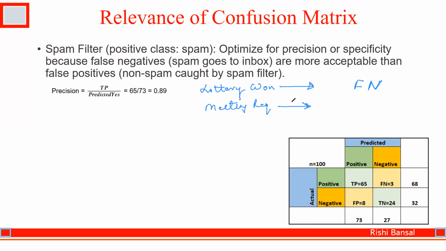Now you categorize this as positive, meaning it is spam. However, it was categorized wrongly because it is not spam, but you categorized it as spam. So this becomes a false positive. So this is acceptable, the lottery you won, but this is not acceptable. Correct? Okay. It is the false positive. That means you wrongly defined correct things as spam.